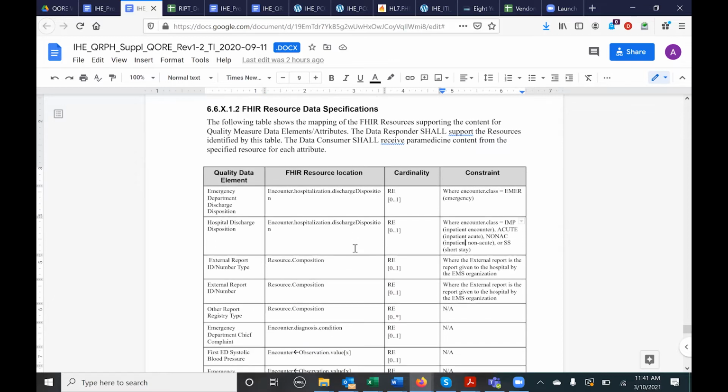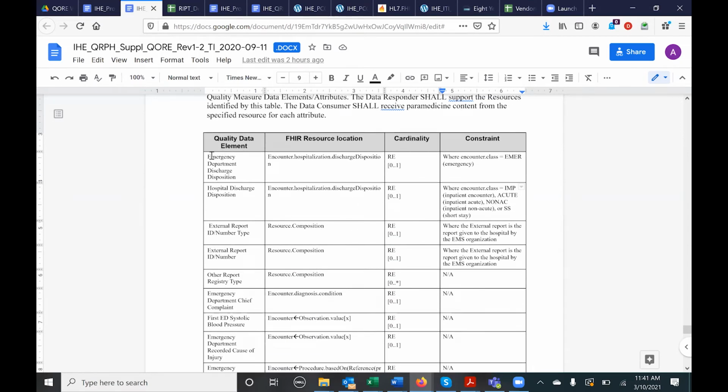And this table will have to be re-reviewed to make sure that the opioid sample data also has the data elements that exist here. I have to do an analysis on that as well.